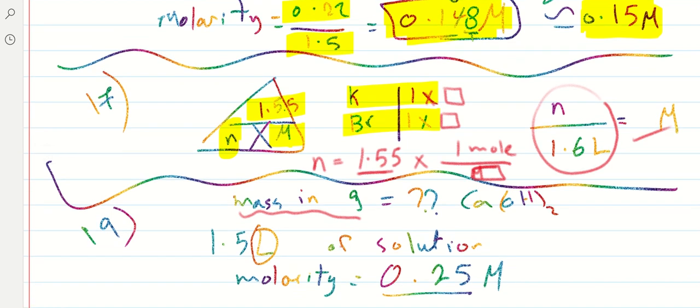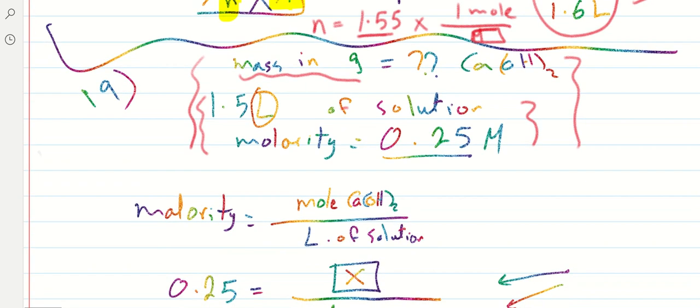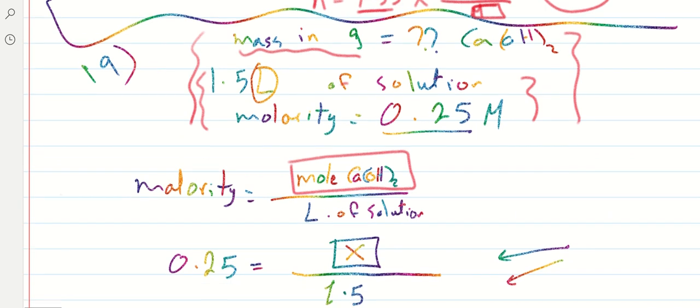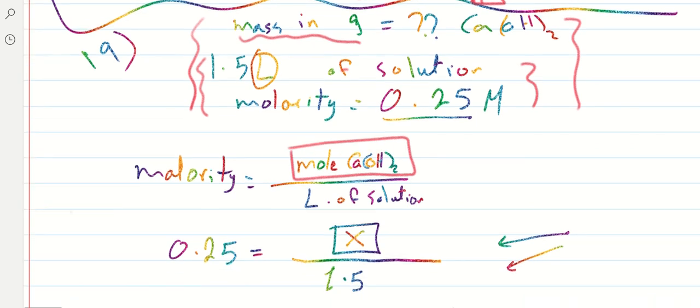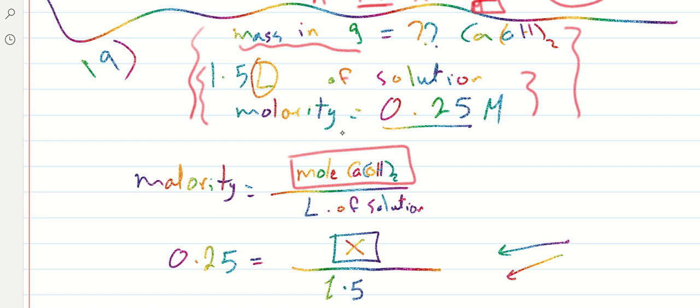1.5 liter of solution, I have it, and the molarity is 0.25. This is what they gave me in the question. By using these two pieces of information I can calculate the number of mole of calcium hydroxide, because the molarity equals the number of mole of calcium hydroxide divided by liter of solution.